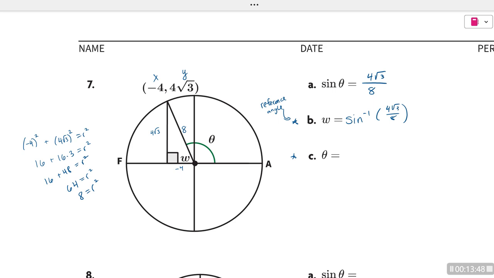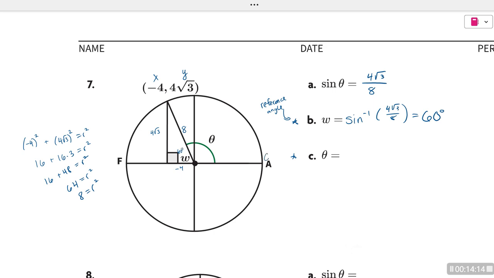So if we take out our calculator and we do 4 times the square root of 3, divided by 8, we do get that 60 degree angle. So this angle right here, this W, is 60.